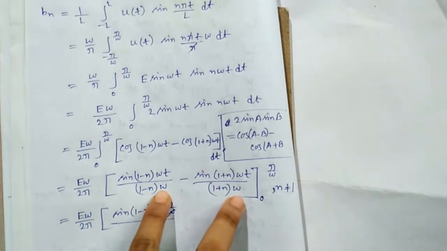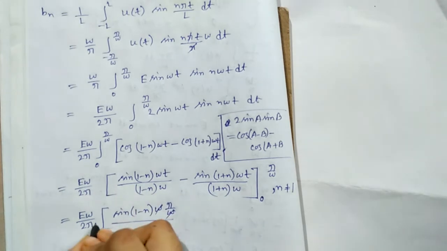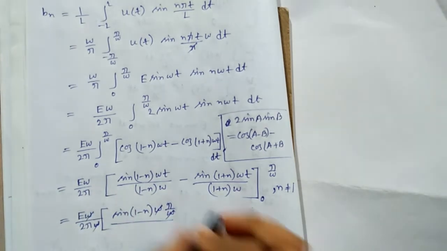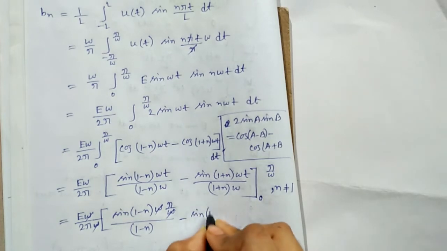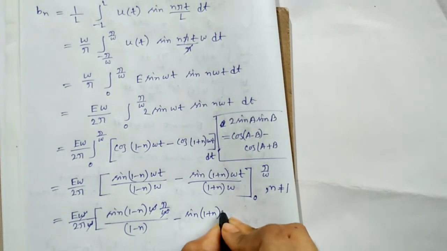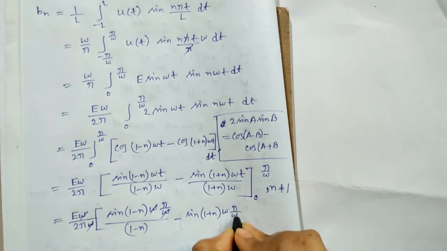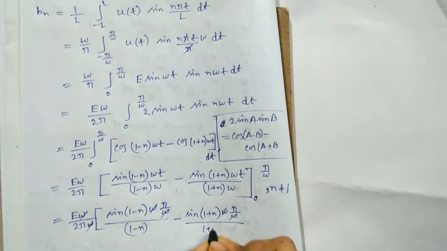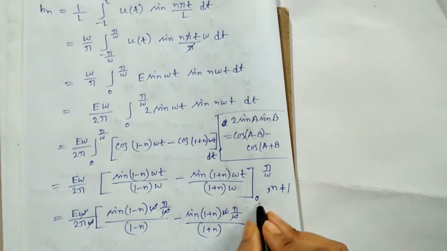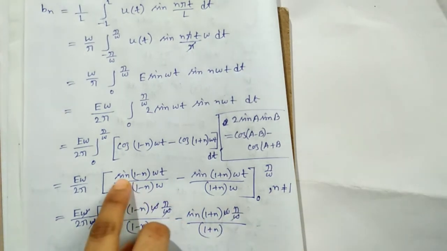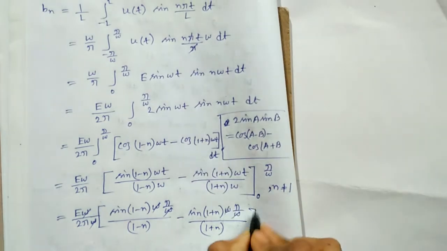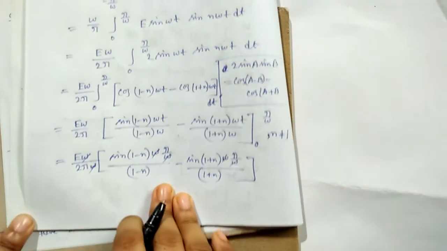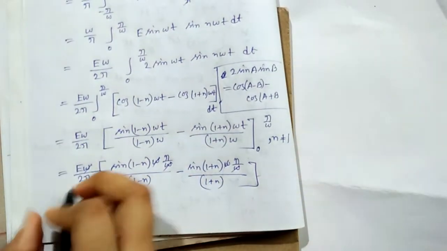Okay, taking common this omega, letting it outside, we get 1 minus n minus sine 1 plus n omega pi by omega by 1 plus n, and minus 0, that is sine 0 is 0, and this is also 0. So this is our term.